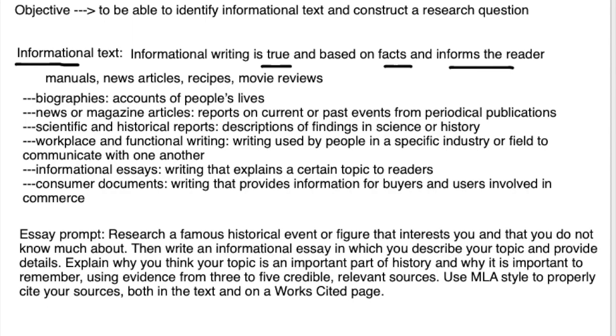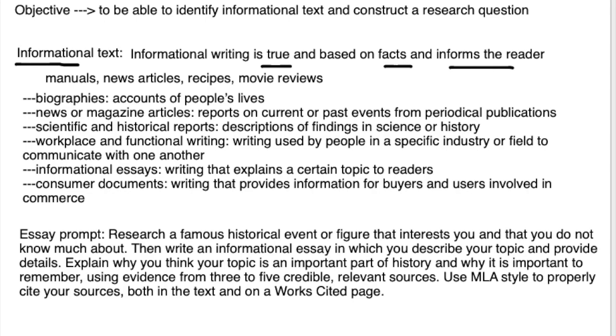So for our first project, which you're going to be working on in Unit 1, Unit 2, and then submitting for grading in Unit 3, we are going to be writing an informational essay. In that essay, you are going to describe your topic and provide details about that topic. Your topic is going to be to research a famous historical event or figure that interests you and that you do not know much about.